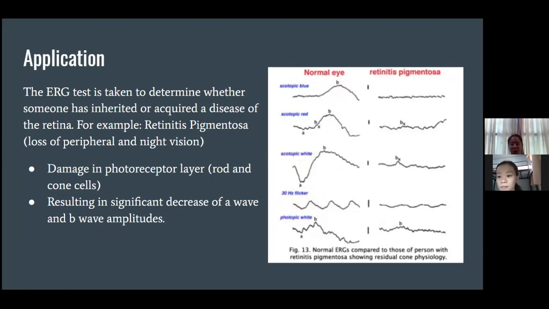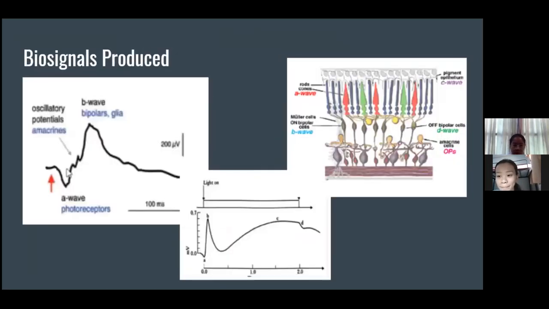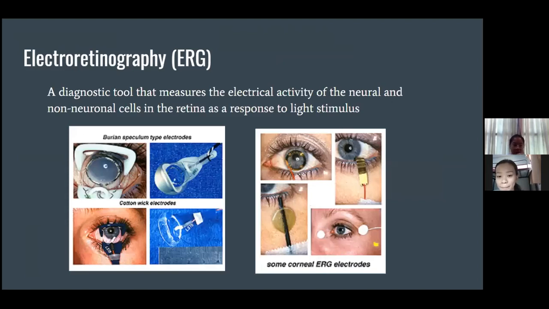Okay. Second question is, this is to measure the electrical activity at the retina, but as I can see from the first slide, the electrode is put on the eyelid, rather than at the back end of the retina. So how sensitive or how accurate is the measurement?